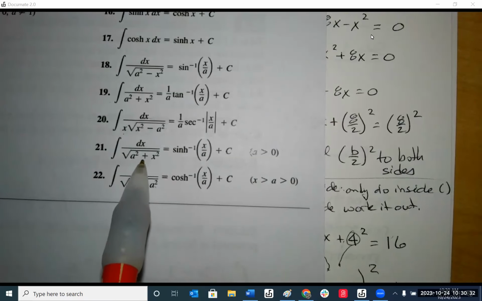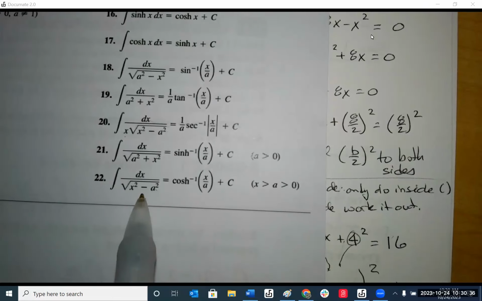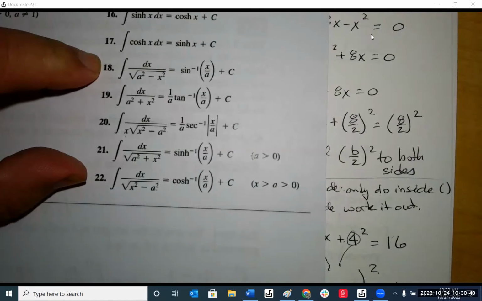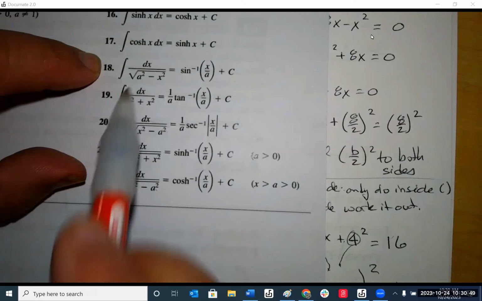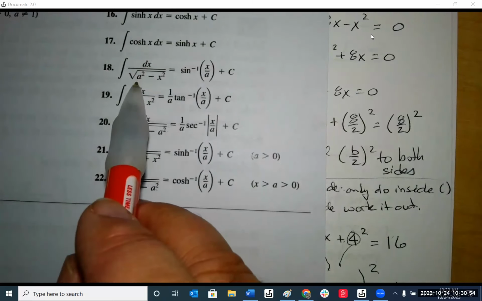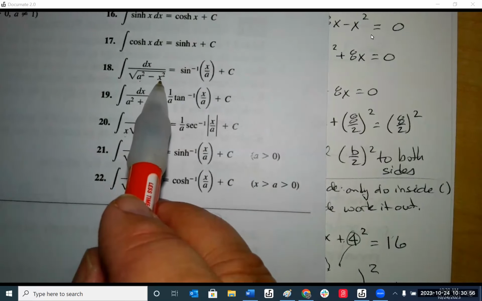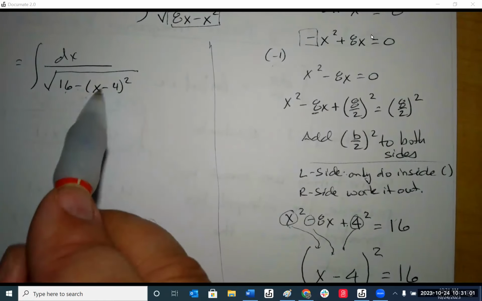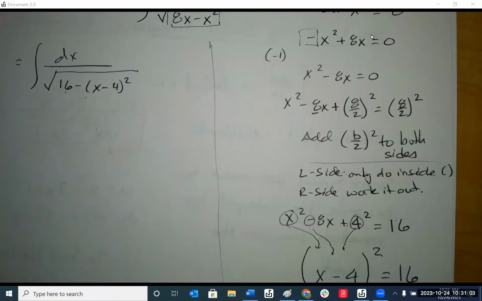It can't be 21 because we don't have a plus. So it's either going to be 18 or 22. What's the difference between 18 and 22? A and x are switched. Since we have a number minus the variable, we're going to use Rule 18.